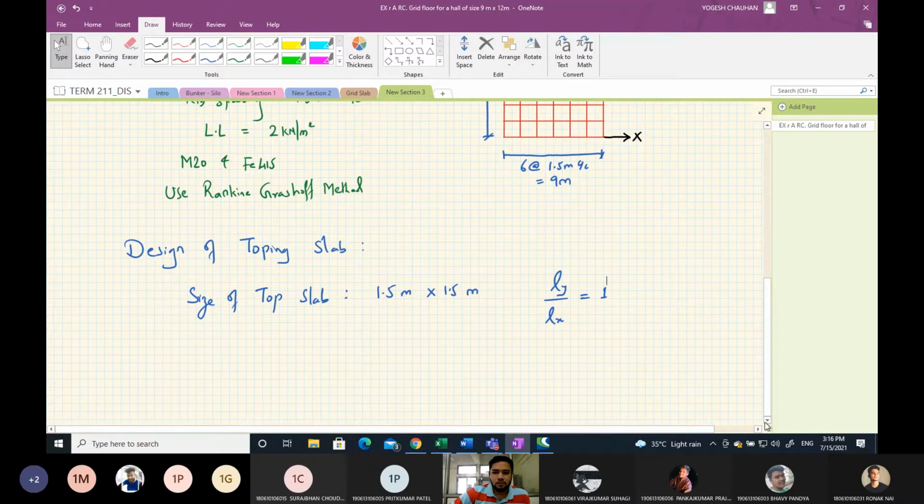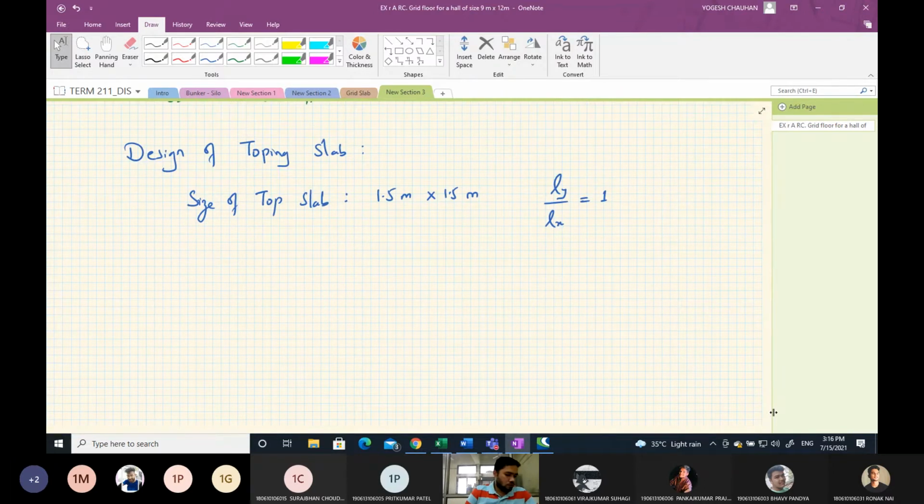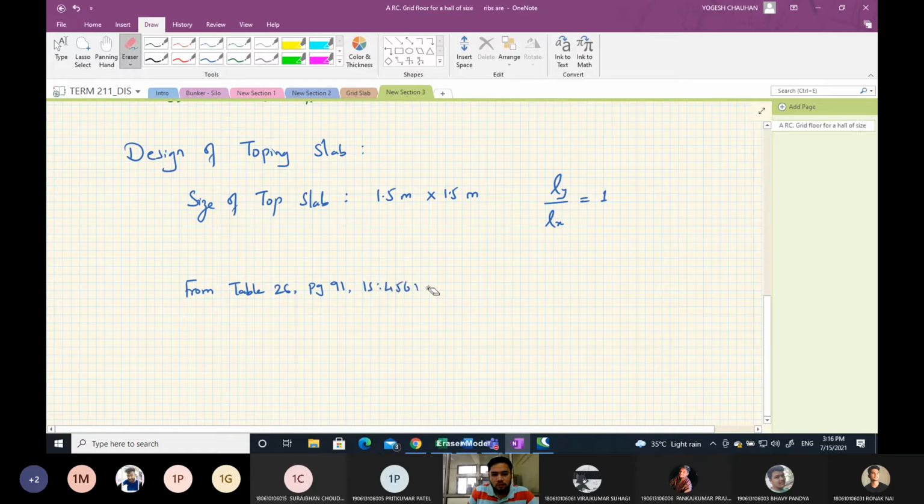So from Table 26, page 91, IS 456 2000, for slab continuous on all 4 sides.